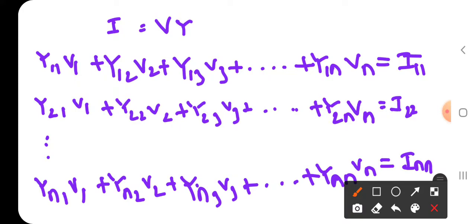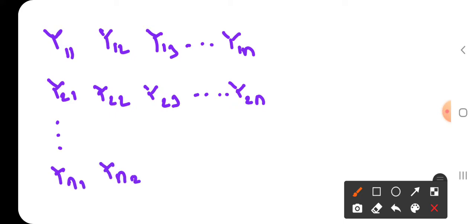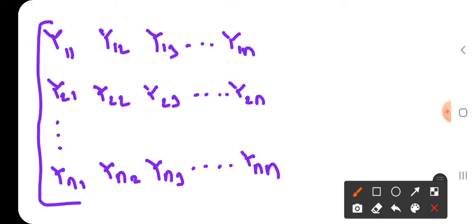Now here if you observe, this contains n number of equations, and you can represent these equations in matrix form as: y11, y12, y13, so on, y1n; y21, y22, y23, so on, y2n; and similarly yn1, yn2, yn3, so on, ynn.